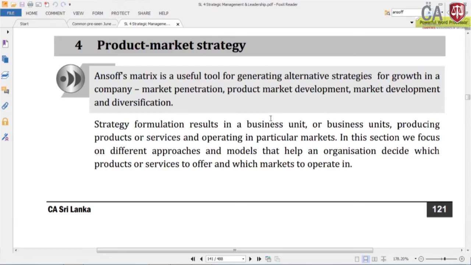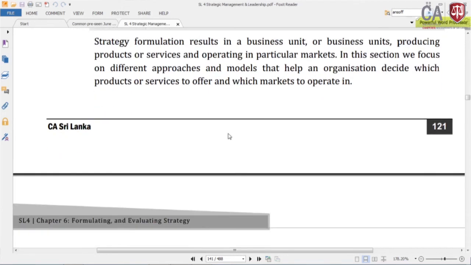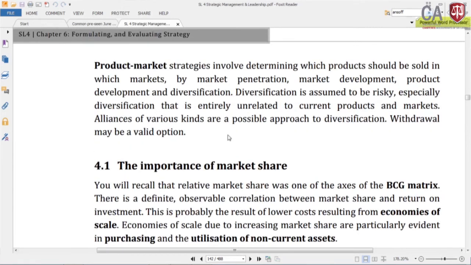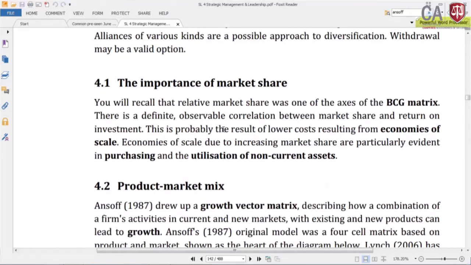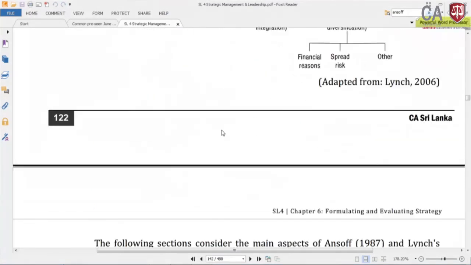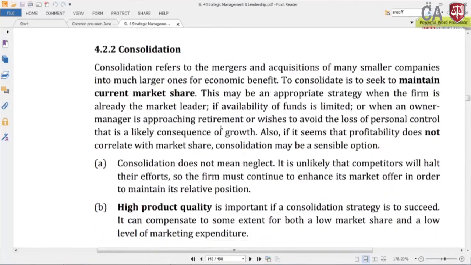What are the 4 strategies? Market penetration, market development, product development, diversification. Shall we check whether we can apply this one?